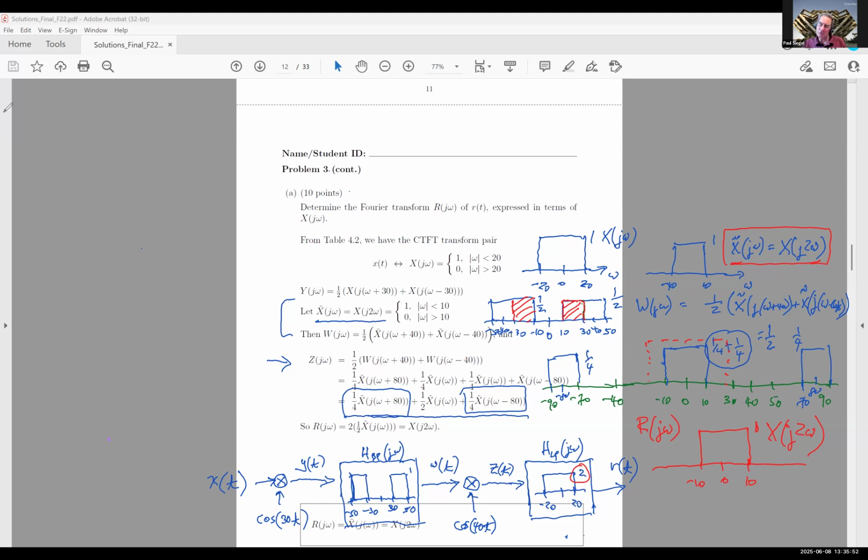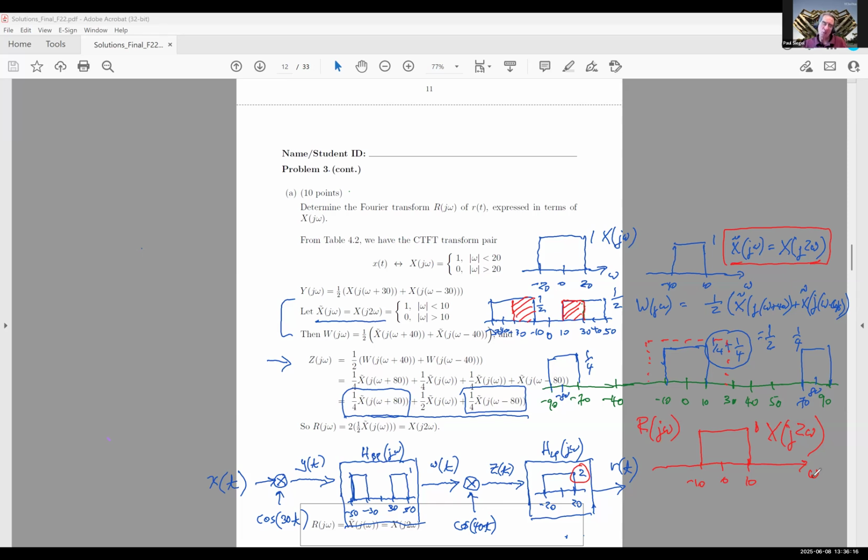But in this case, drawing the figure was kind of essential. You could have drawn the pictures without expressing it mathematically all the way down to the very end, and then notice that the thing you get at the end isn't really x of j omega, it's the scaled version in the frequency domain of x of j omega.